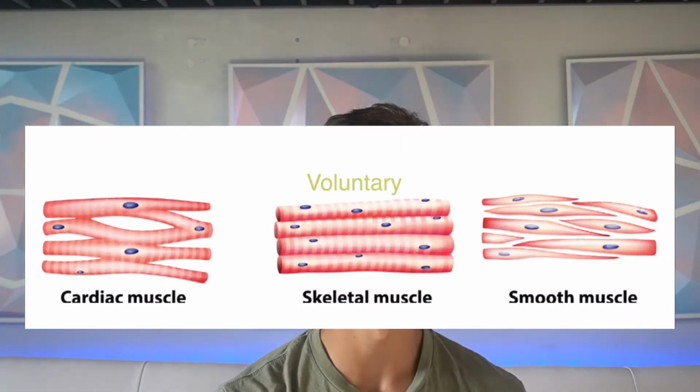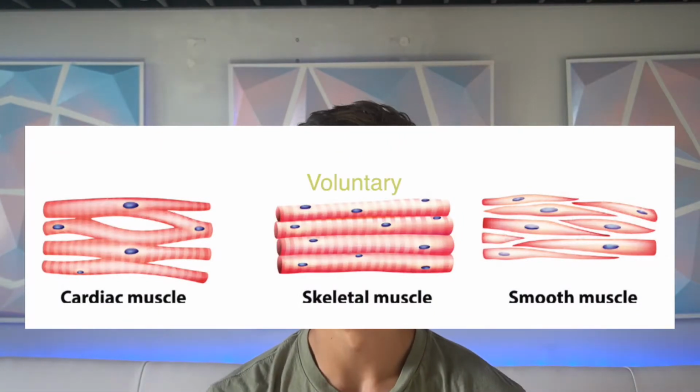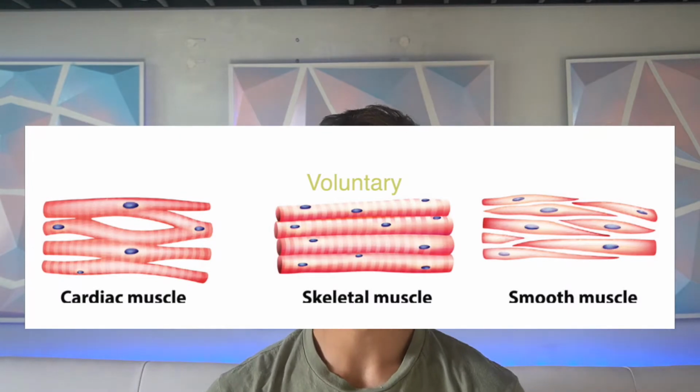Skeletal muscle is voluntary, and you can use it for voluntary actions like running and exercise. Cardiac muscle is the muscle you find in your heart, and smooth muscle would be every other organ in the body.